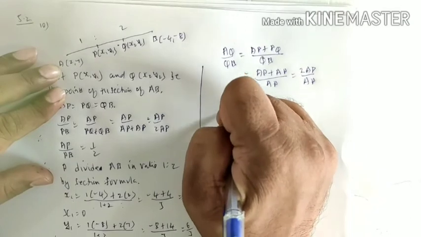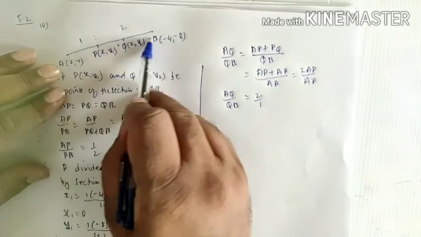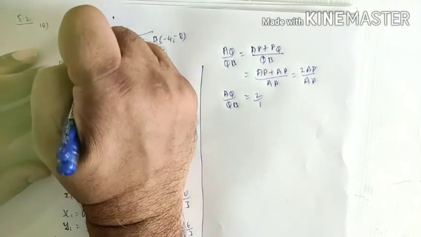AQ upon QB we got 2 upon 1. So this Q is dividing this AB in the ratio how much? 2:1.